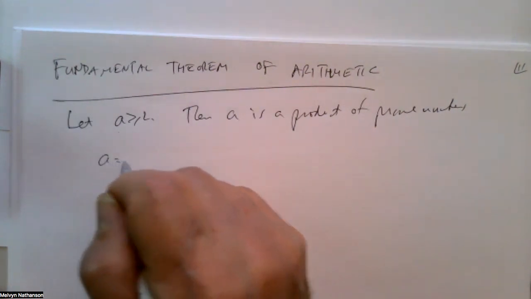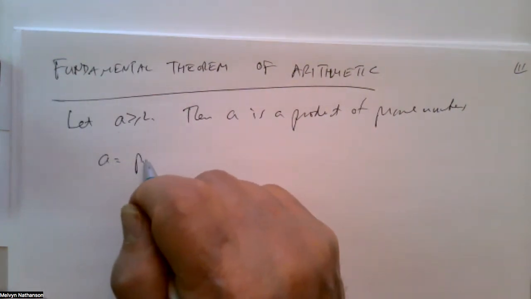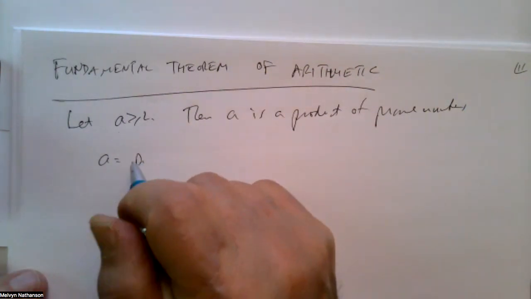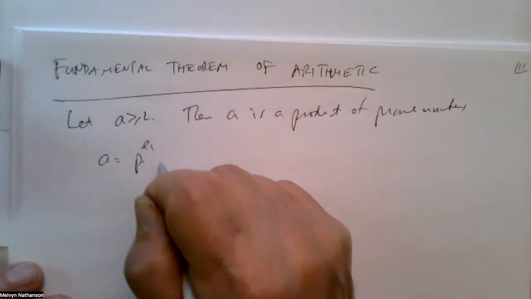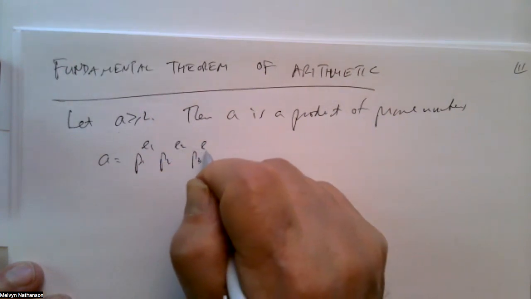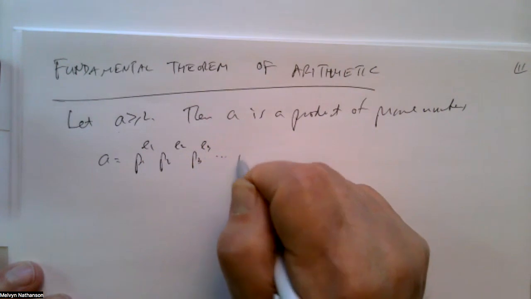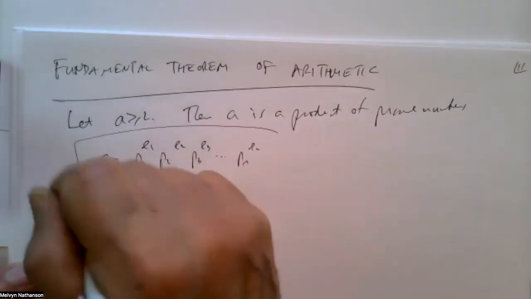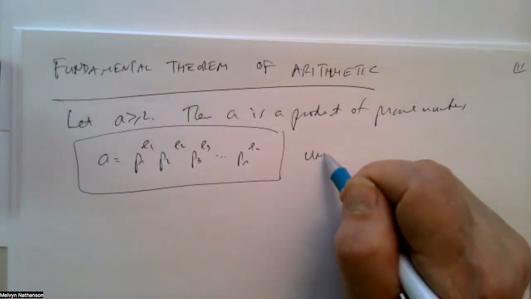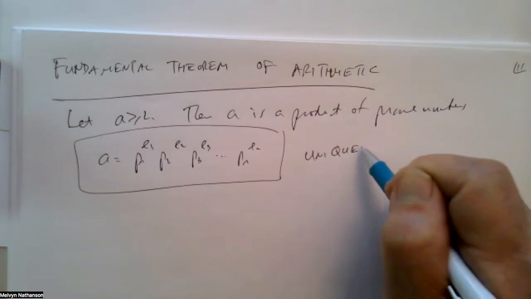So you can write A as P1 to some exponent E1, P2 to the E2, P3 to the E3, and so forth, up to PR to the E sub R, where each prime can occur more than once. Every number is a product of primes, and uniquely up to order.